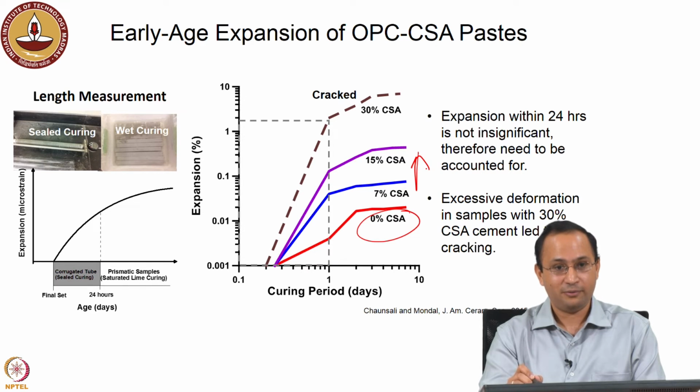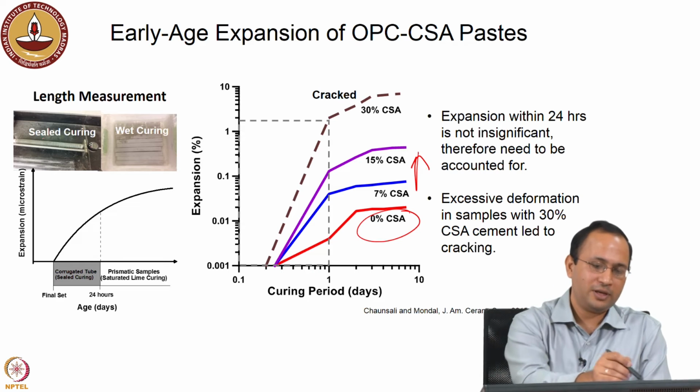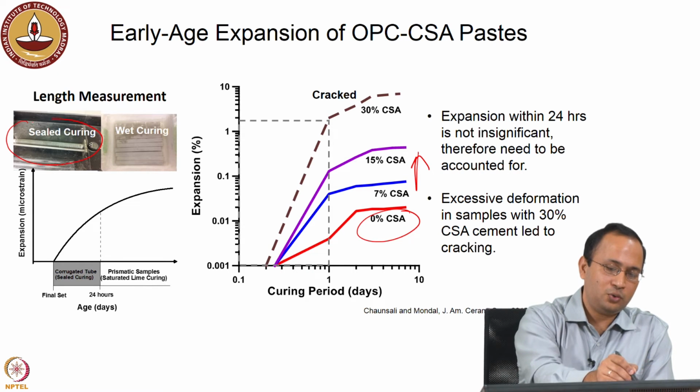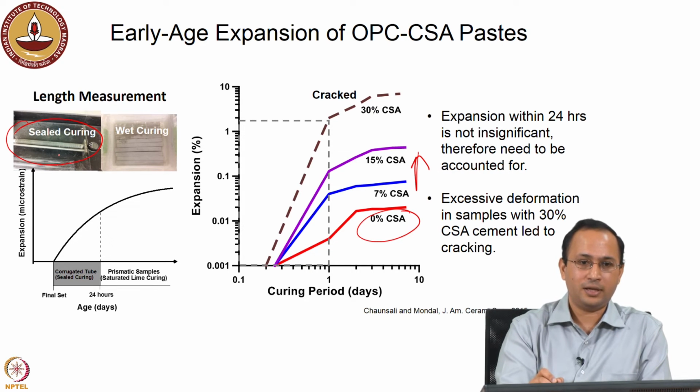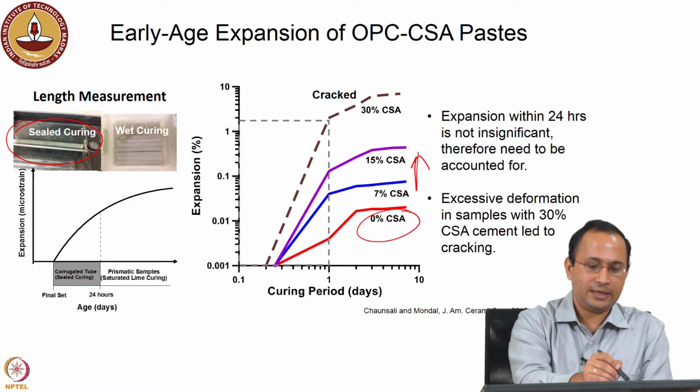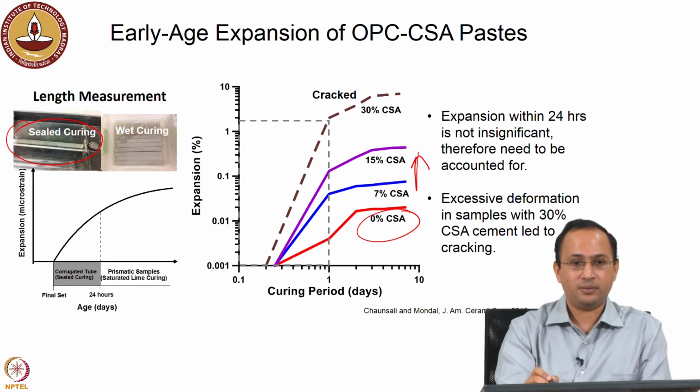But we know that C4A3S starts reacting immediately, and you have formation of Ettringite, and you will see expansions occurring within 24 hours. So, it is very important to capture that. For that we can use this corrugated tube, which allows you to take measurements immediately after casting. Basically, you fill your tube with cement slurry, and using this gauge you can monitor the change in length, right.